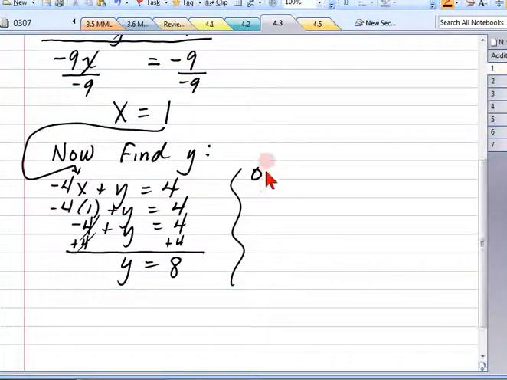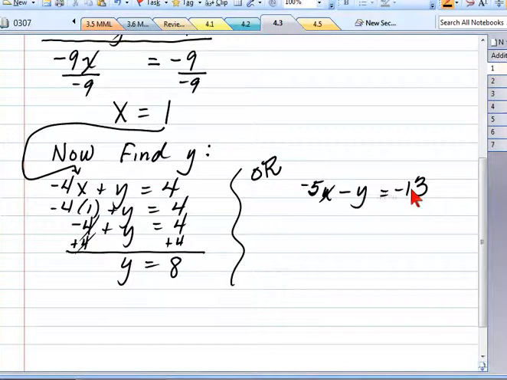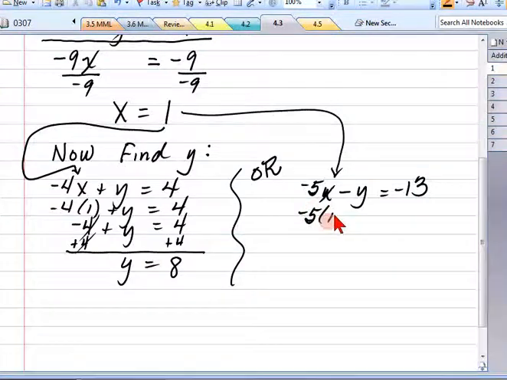Now, I'm going to write "or," meaning you don't have to do both of these. But if you chose the other equation, which was negative 5x minus y is negative 13, and I plug in here, I have negative 5 times 1 minus y is negative 13.